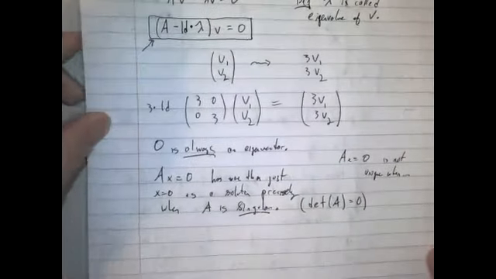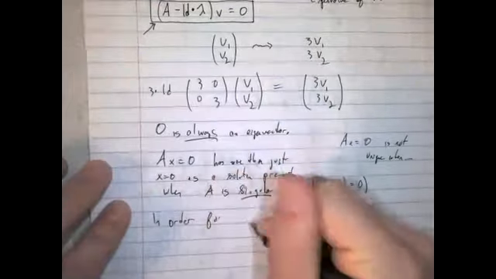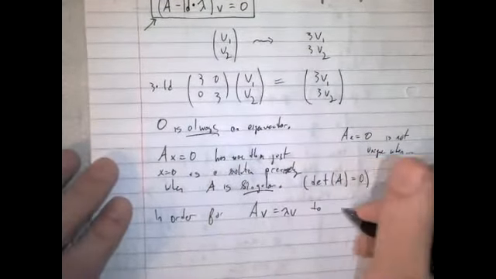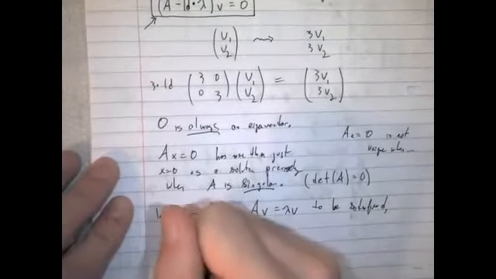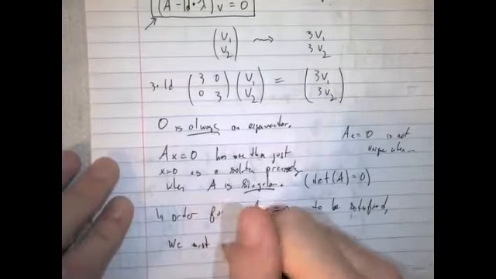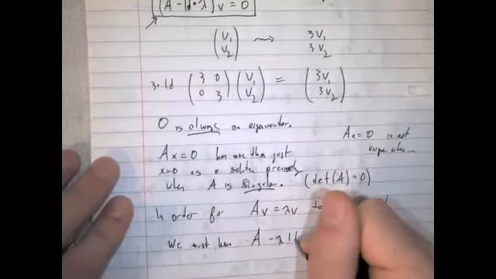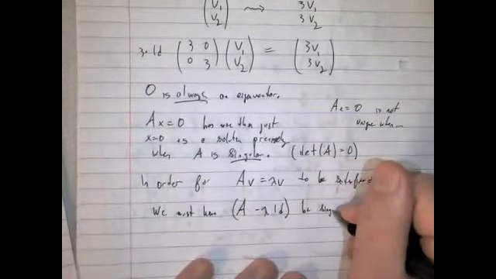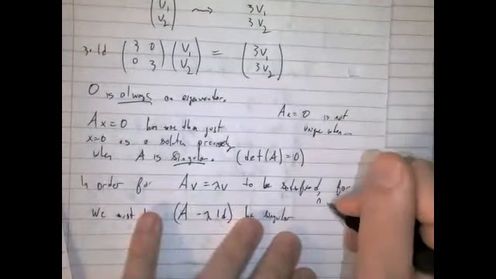Yes. In order for Av equals lambda v to be satisfied, we must have A minus lambda times identity be singular, and by this, satisfied for non-zero v.